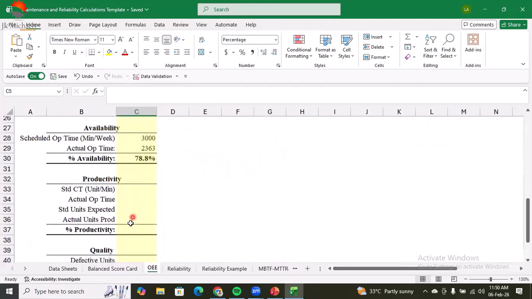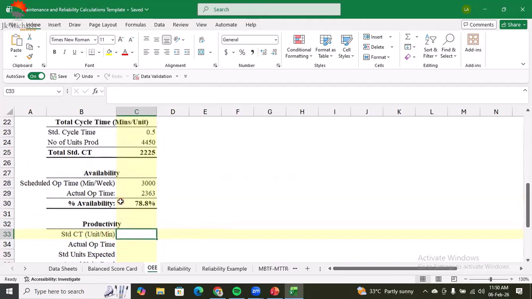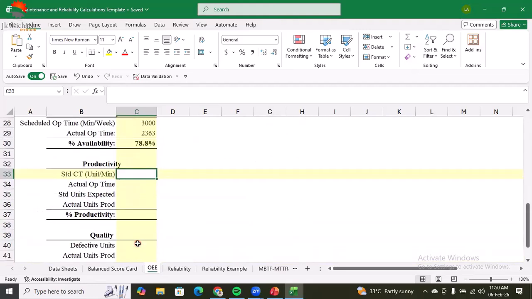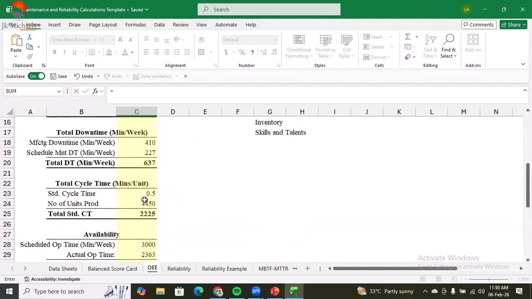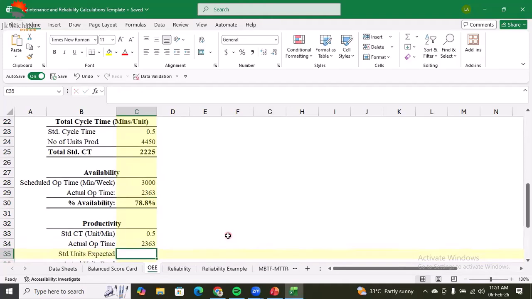Now let's calculate our efficiency, or you could call it productivity, right? Now, what is the standard cycle time? Our standard cycle time, we said, was 0.5 minutes to produce 1 unit. I think we can just pull this down because we've already entered it. And then the actual operation time was 2,363 minutes per week.